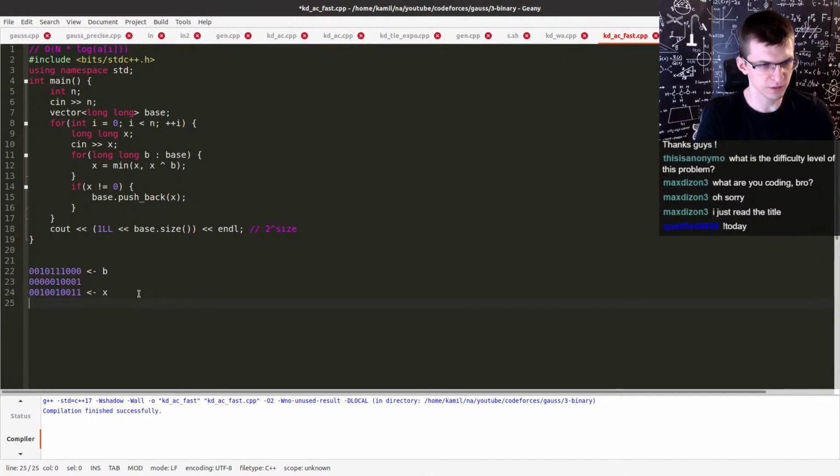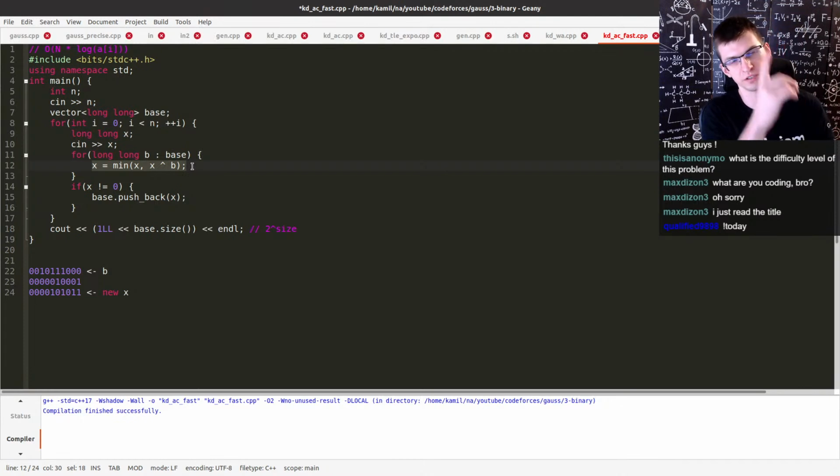And the new X will be 1 0 1 0 1 1. That's the new X. Then we minimize by XORing with this one, and we see, okay, right now I don't have a 1 in this position, so I will not XOR. This line modifies X if and only if there is a 1 in a column where there is already a blue circle.